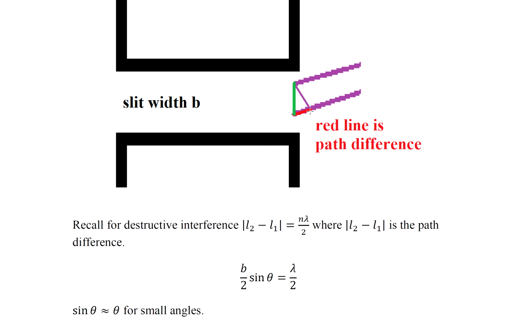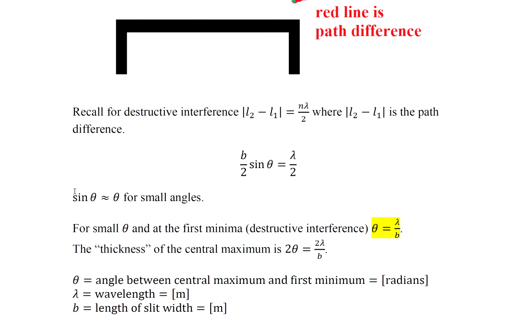And this red length is b over 2 times sine of theta. Now we know sine of theta is about theta for small angles. So now we have b theta over 2 equals lambda over 2. So solving for theta, for small theta in the first minima, we get theta equals lambda over b.